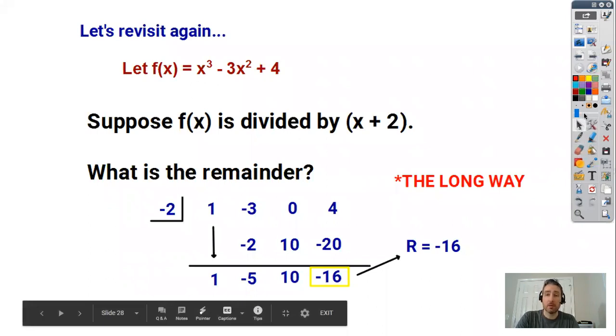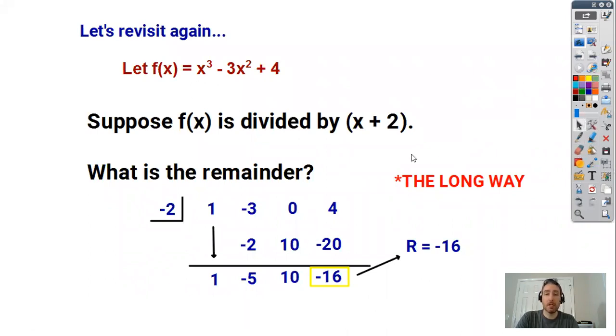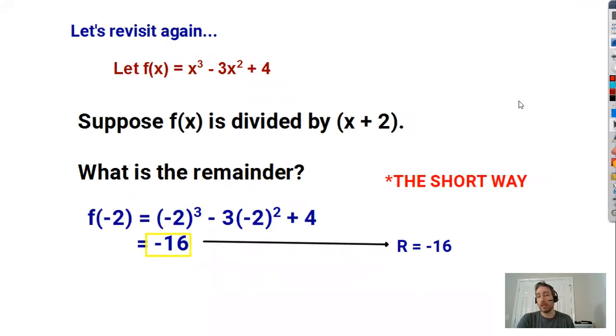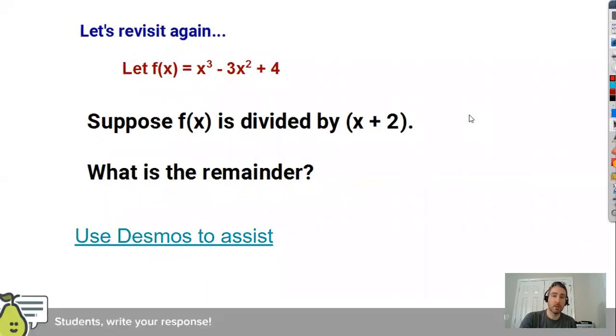But you could also do it by just plugging it into Desmos. If you plug in negative 2, you can watch me do that here.